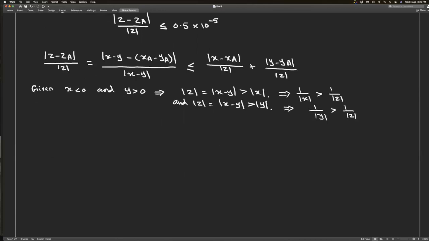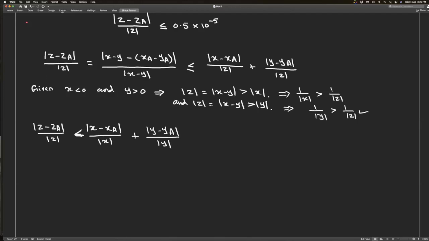We get |z - za| divided by |z| is less than or equal to |x - xa| by |x|. I'm just replacing 1 by z by 1 by x, and thereby I will have strict inequality, plus |y - ya| divided by |y|. The second inequality I am just applying and getting this.